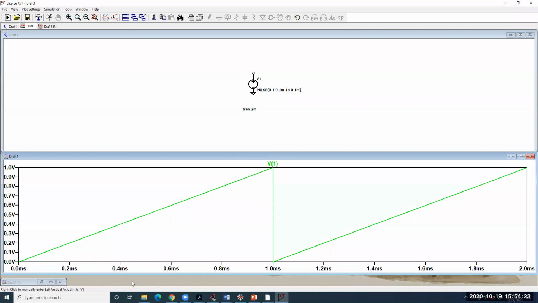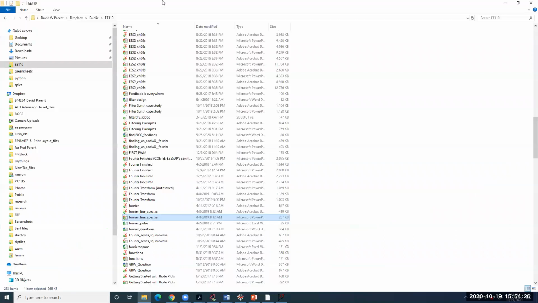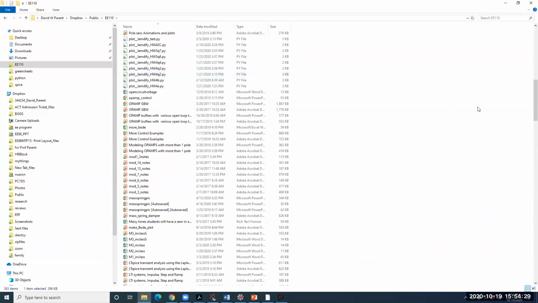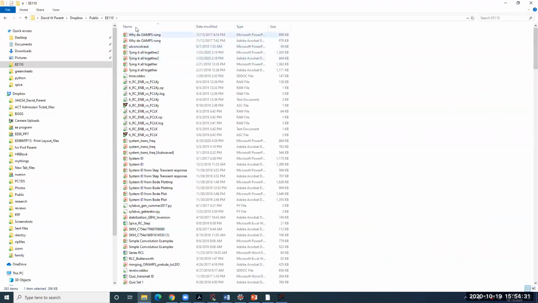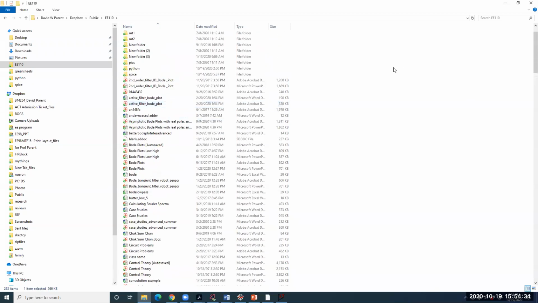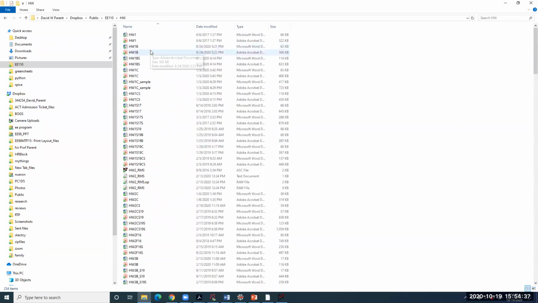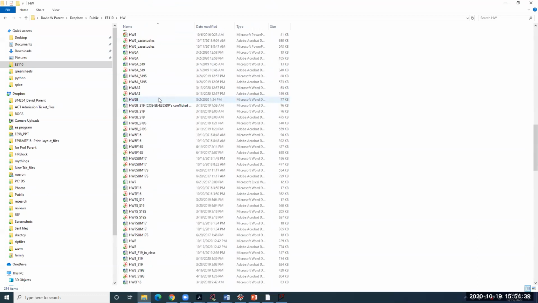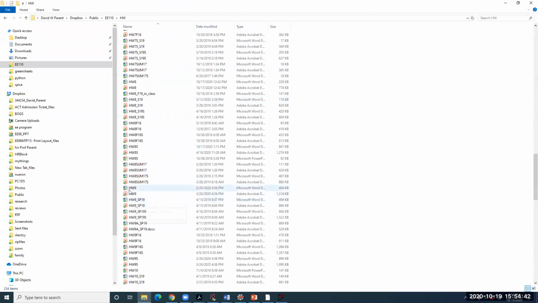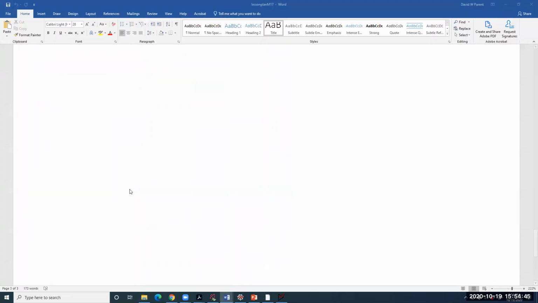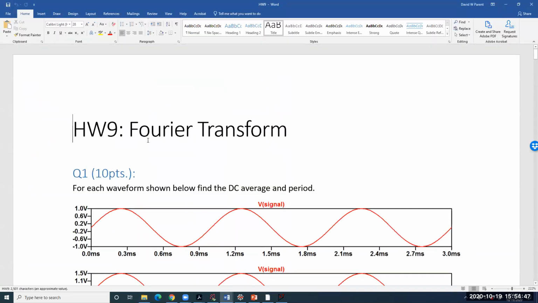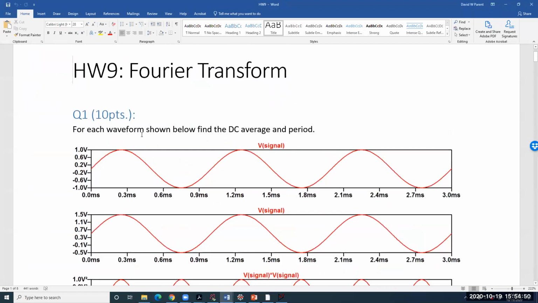All right, look at the homework. The first part is finding the DC average in the period. When I talked to Professor Morelos, who teaches 160, he says that's a lot of what you need to remember from 110.